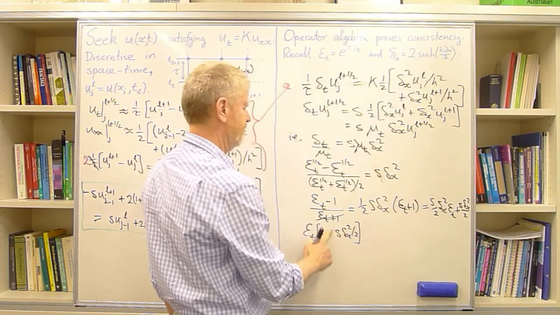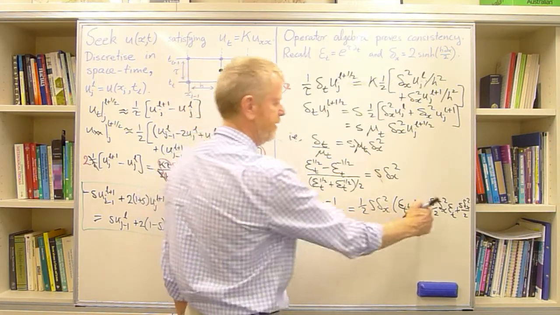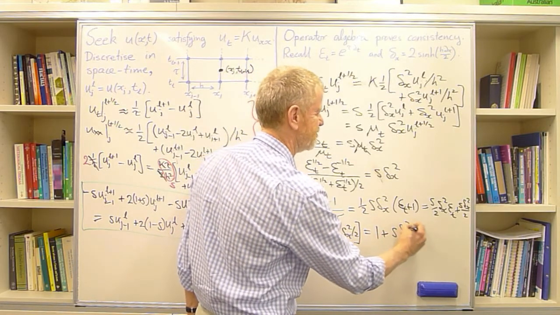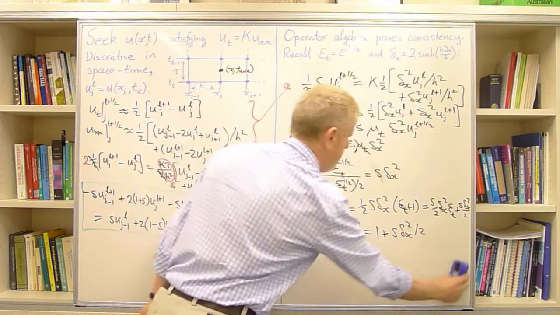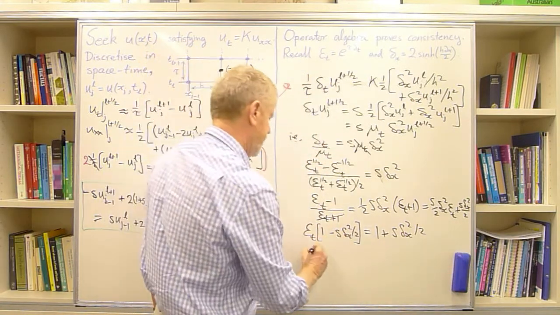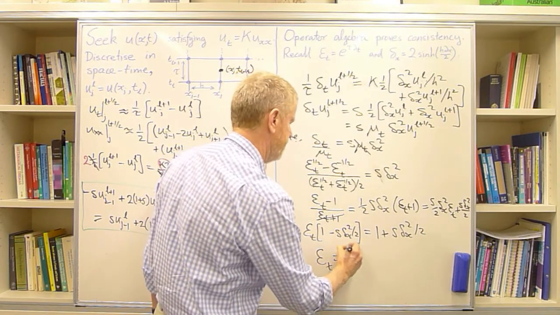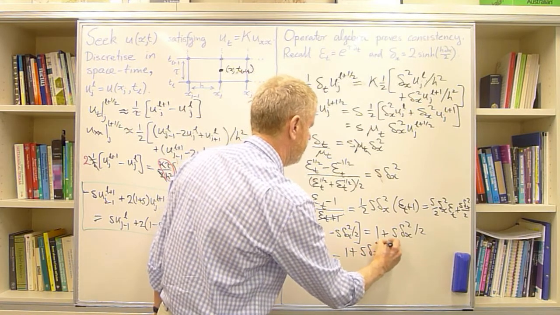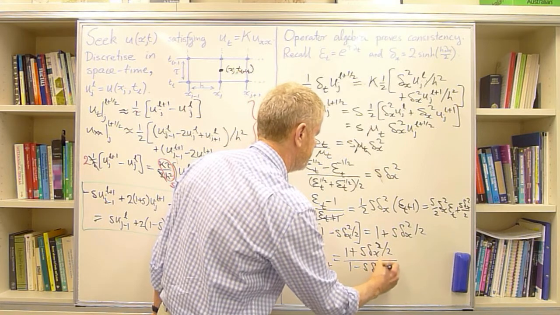Sorry, that's a minus. And the right-hand side, when that 1 goes over there, is 1 plus s delta x squared on 2. Now divide by that, and we get the shift E_t is 1 plus s delta x squared on 2 over 1 minus s delta x squared over 2.